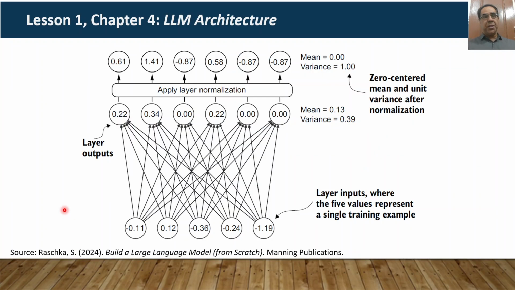An illustration of the layer normalization is shown in this figure. In this exemplary illustration, the 6 outputs of the linear layer, also called activations, are normalized such that they have a 0 mean and a unit variance after normalization.